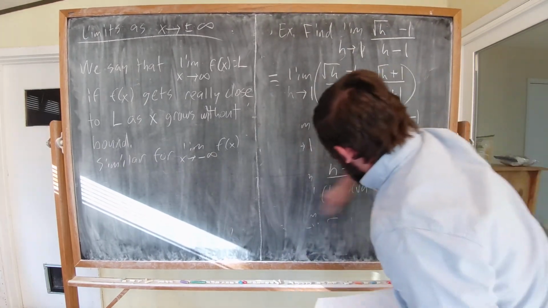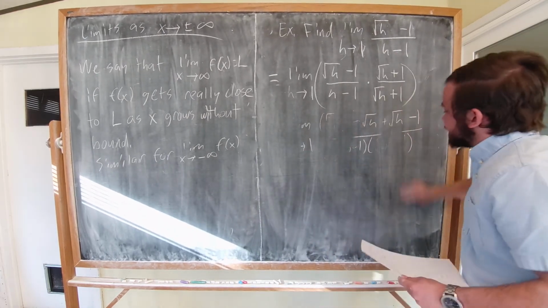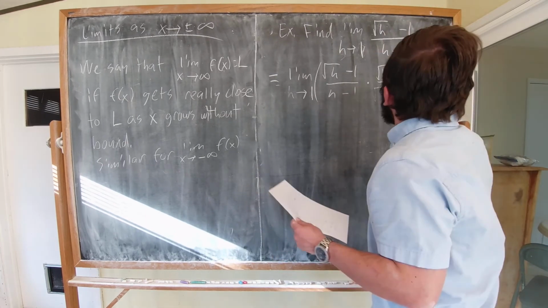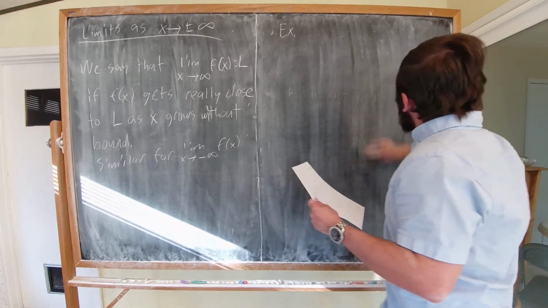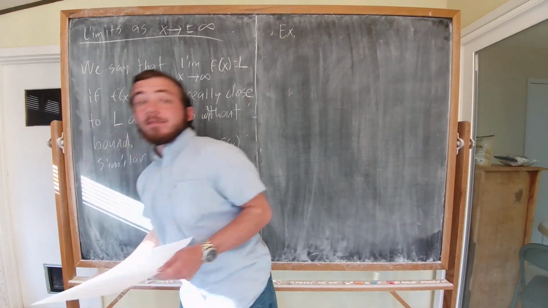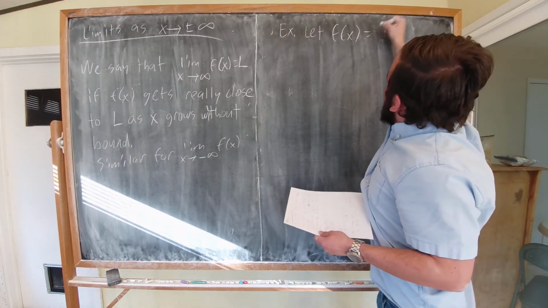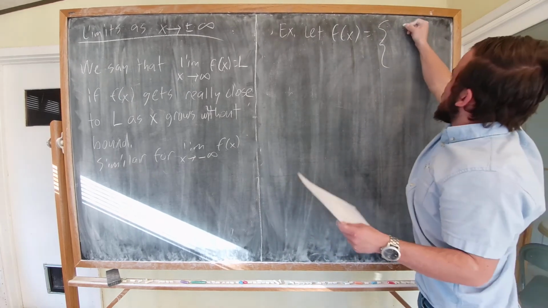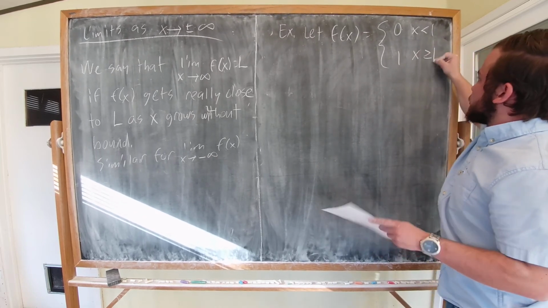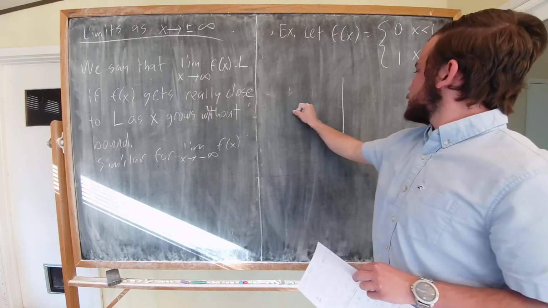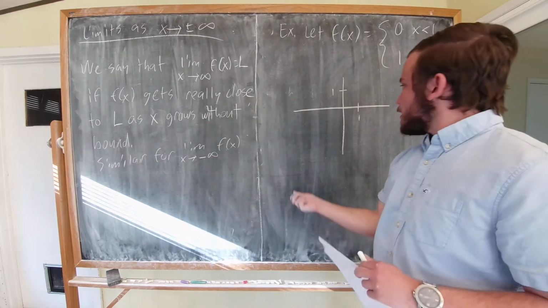Let's look at that one function earlier that had an undefined limit, the step one. So for this example, let's let f of x equal piecewise function 0 for x less than 1 and 1 for x greater than or equal to 1. I think I drew in blue last time.